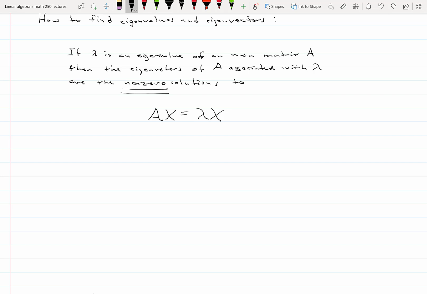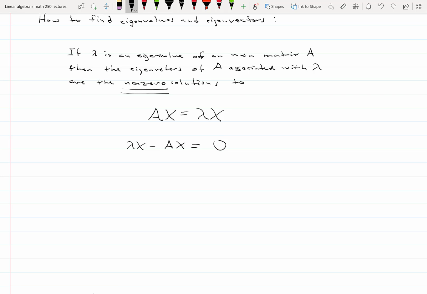Same thing, same difference. So I get lambda x minus Ax equals the zero column vector. Now, this equation looks like I can factor out an x, but I can't quite yet. You see, lambda is a scalar, so I can't factor x out of this directly.